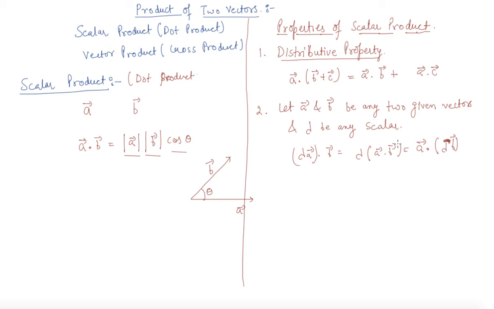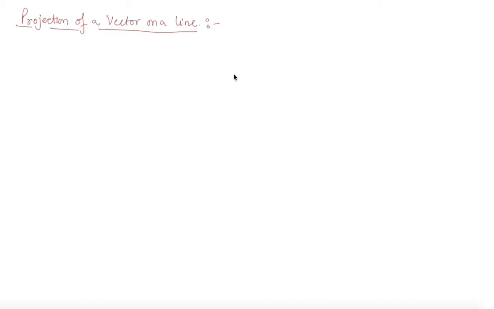Now let us discuss the projection of a vector on a line. Suppose a vector AB, from point A to point B, makes an angle theta with a directed line L, in the anticlockwise direction.